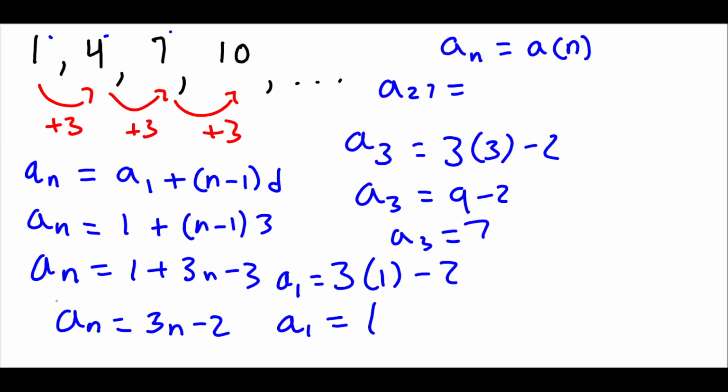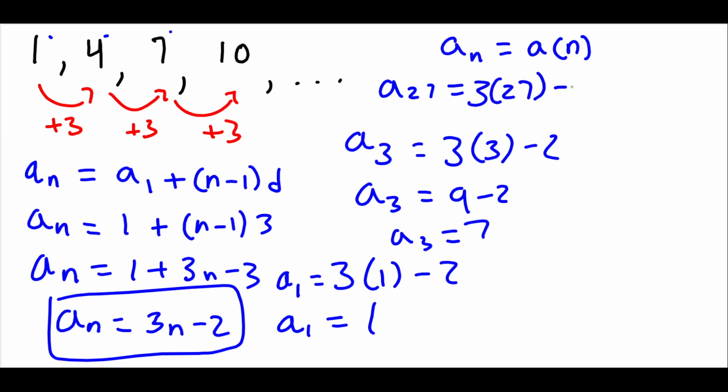We know this is the formula, so we just plug and play. 3 times 27 minus 2. That's 81 minus 2, which is 79. Hopefully you get the gist of what's going on. So our 27th term has to be 79.